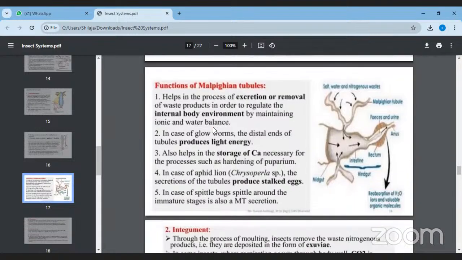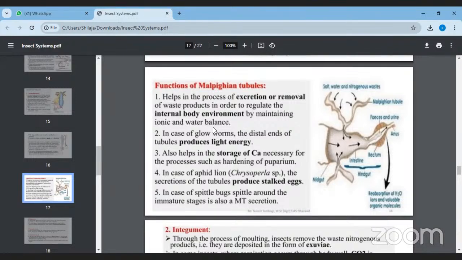Functions. Okay. The functions include the process of excretion or removal of waste products in order to regulate the internal body environment by maintaining the ionic and water balance.